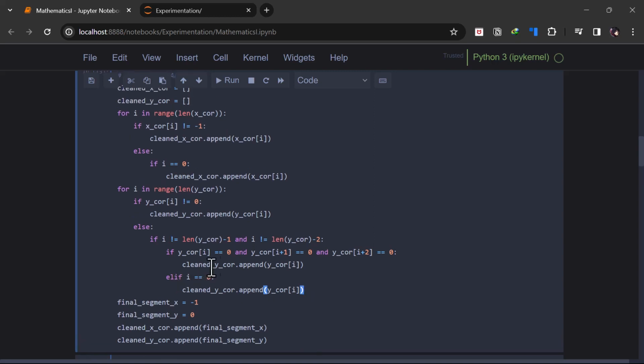So this is what it is. This is the condition that we have applied here, that if three zeros come in a group, then append one of the zeros. Append the 0 at the ith position, and if we get to the i plus 1th position, then only two zeros will be there, as you can see here.